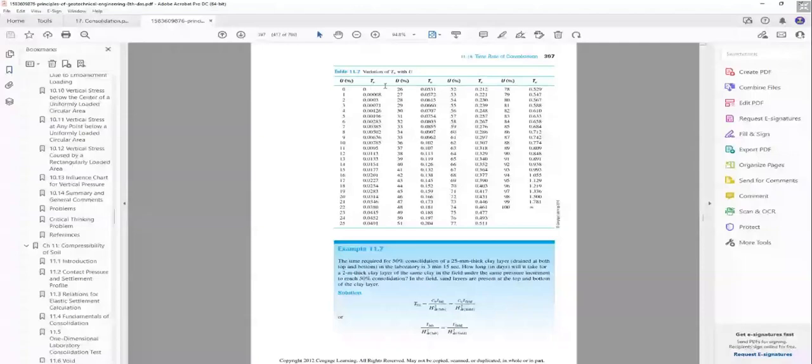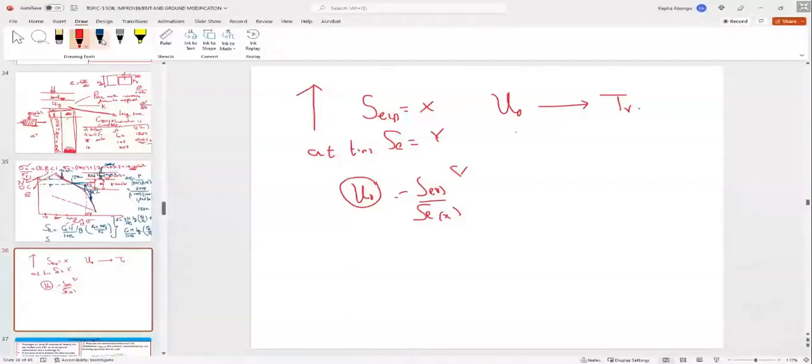Now, what is this? When you calculate the time factor, you compare the time factor at a particular degree of consolidation, the coefficient of consolidation, and the time it will take for the consolidation to finish.